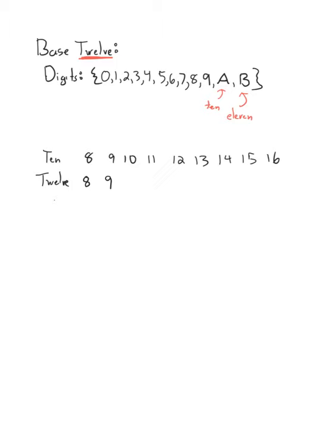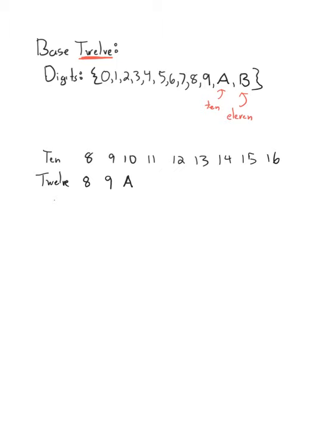But if we want 10 things, we can't write it as 1, 0 anymore. Remember, we can't regroup yet. We don't have 12 things. So if we add 1 to 9, we have 10 things, and we're using this digit A to represent 10 things. So I'm going to use the digit A. I can't use 2 digits because we can only regroup when we have 12 things. So this is 10 in base 12.